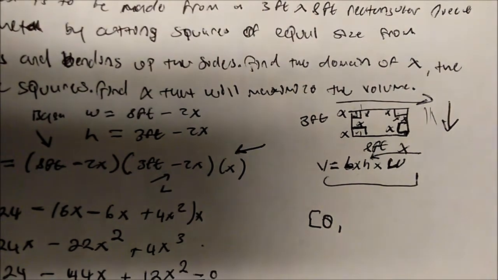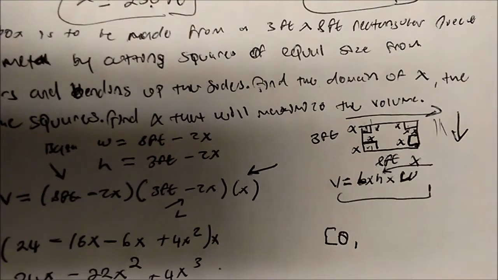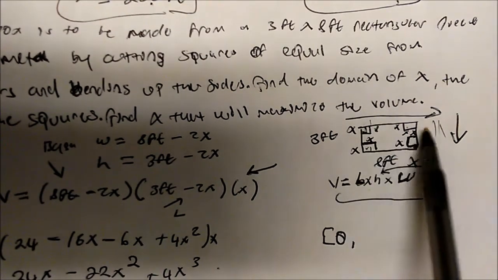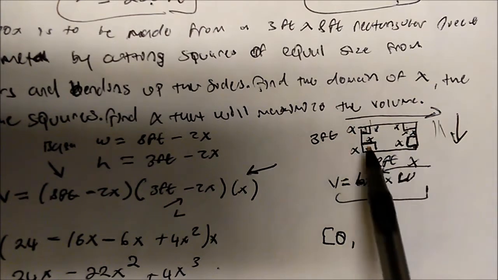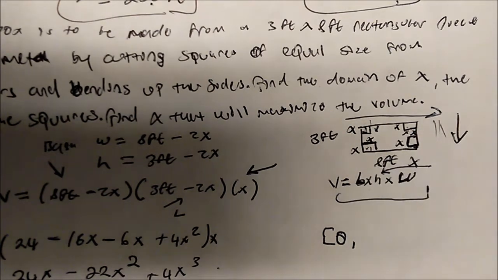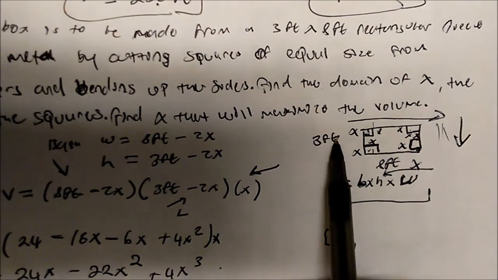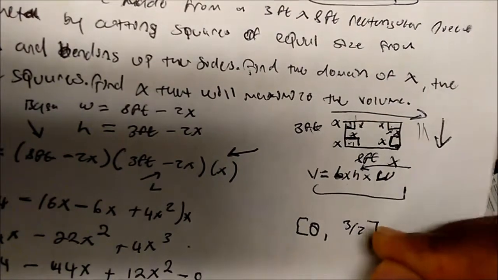Your largest is actually going to be half of the smaller side of the rectangle. So the largest box I could cut out and still get 4 pieces of squares will be half of this 3 right here, right? So this will be 3 halves, right?